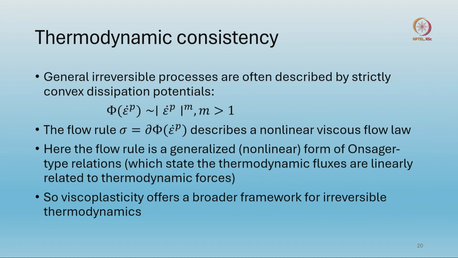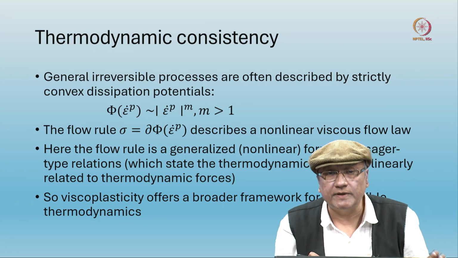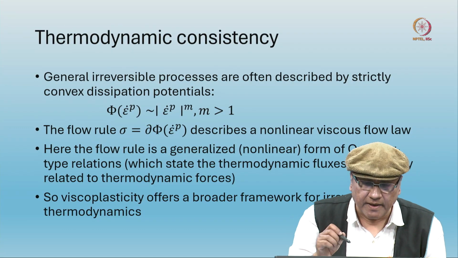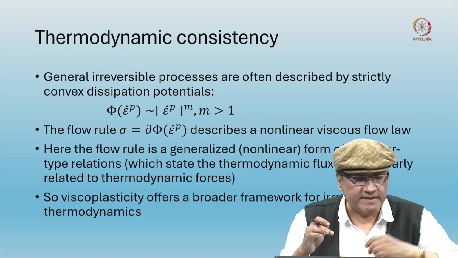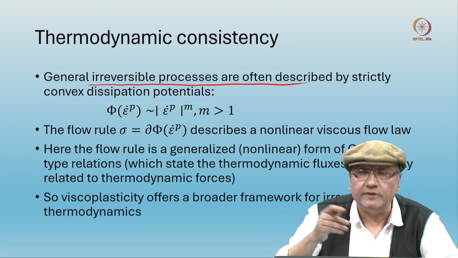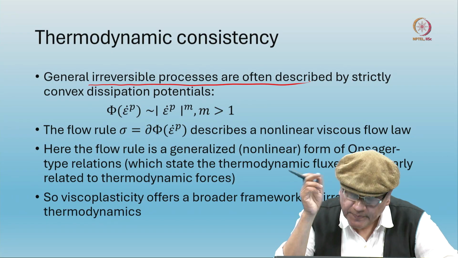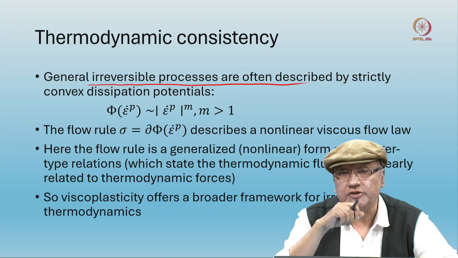Okay. Now, let us also talk of the thermodynamic consistency, but I will not be pressing much on this because I will not be talking much about the Onsager kind of thermodynamics here. But we just observe that general irreversible processes typically are represented by strictly convex dissipation potentials.